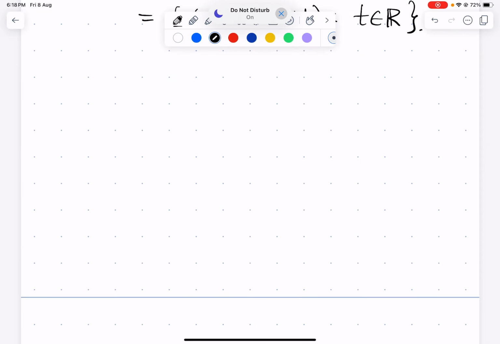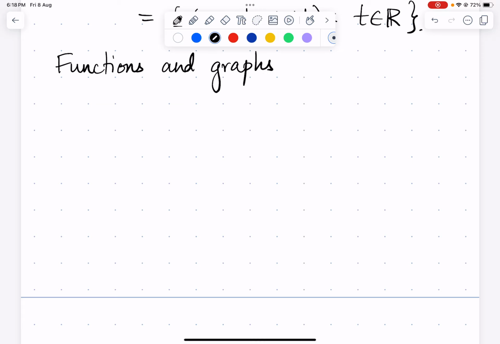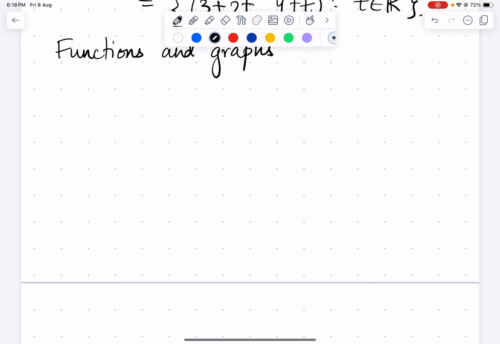Okay, let's continue. So we'll look at functions and graphs. Let S be a subset of R. So S is some collection of real numbers.